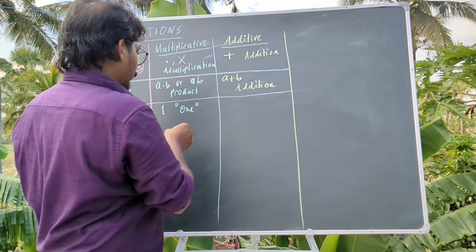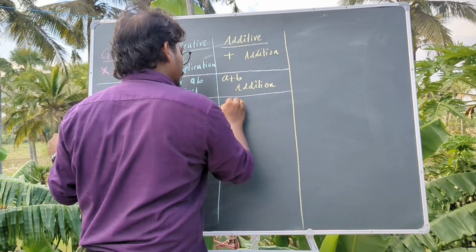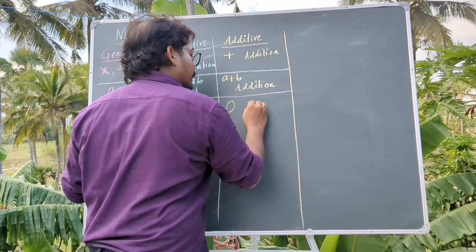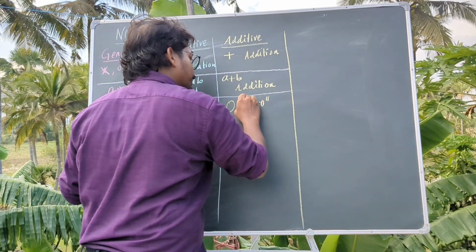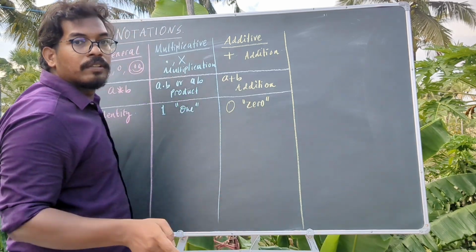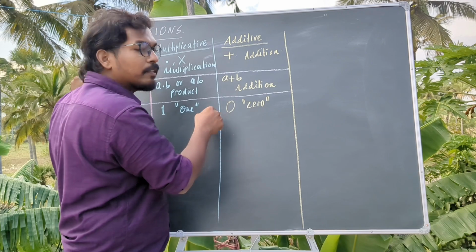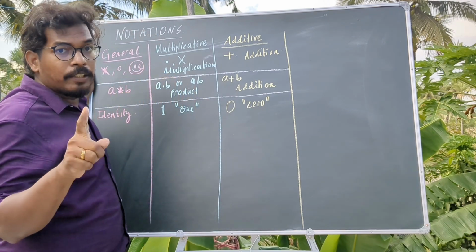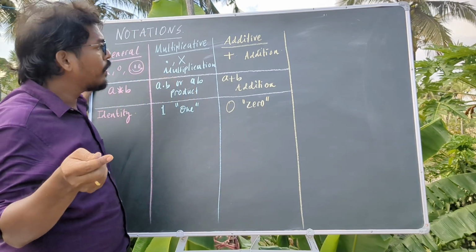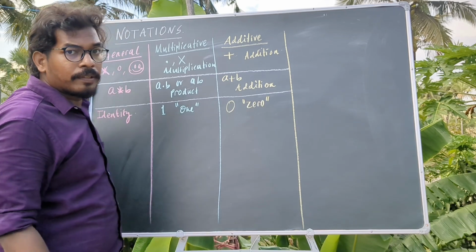In additive notation we have 0, and 0 is not the usual 0 you are familiar with. 0 represents the identity of any group under the additive notation.